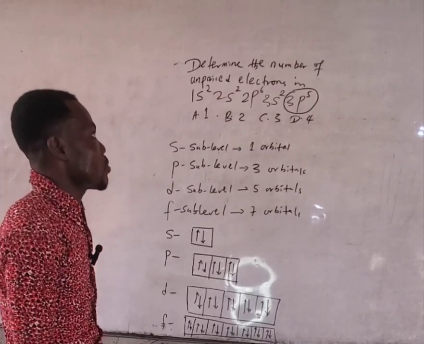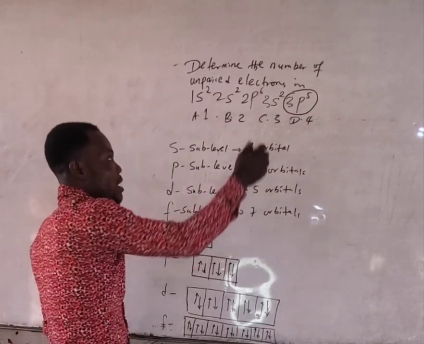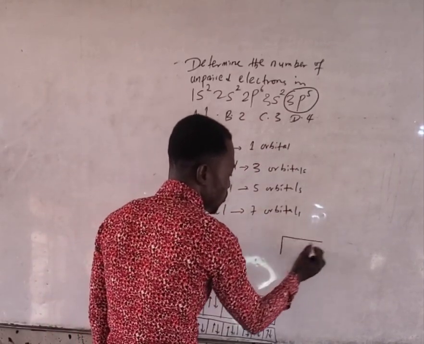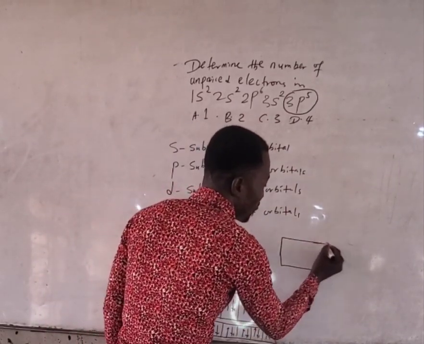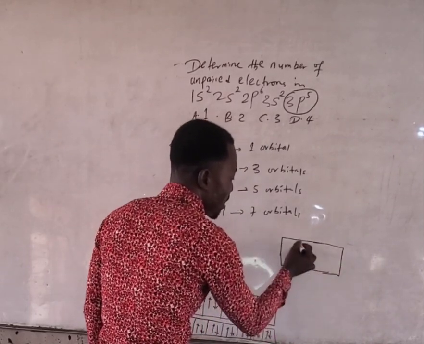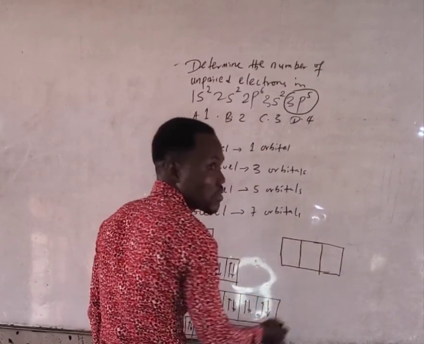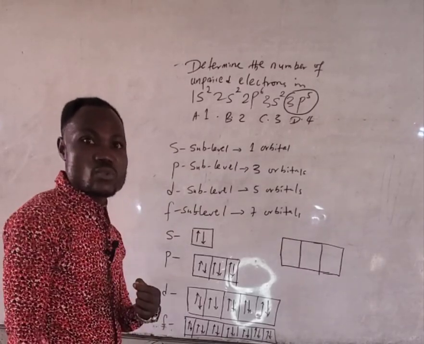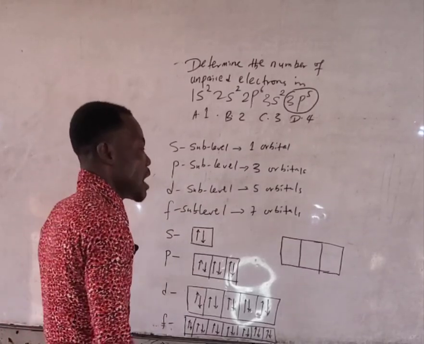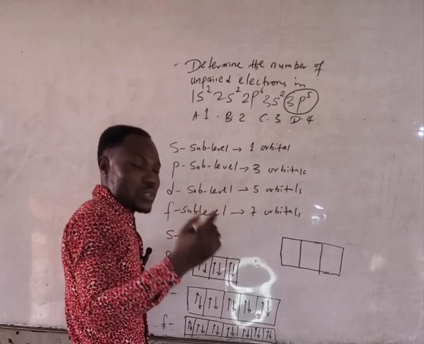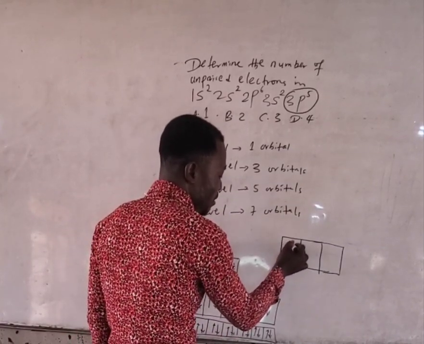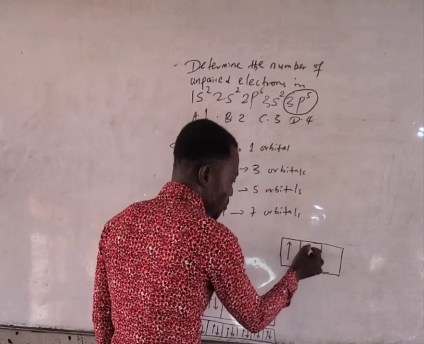So in order to answer our problem, we look at the last sub-level in our question, which is P. And we have already known that P has 3 orbitals, with each orbital accommodating 2 electrons. But remember, according to Hund's rule of maximum multiplicity, we have to add the electrons singly.